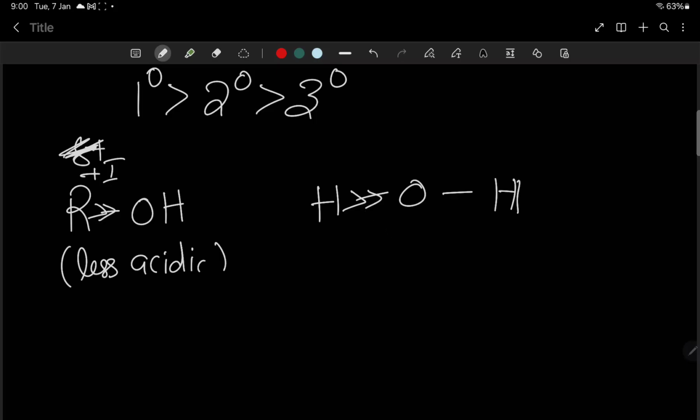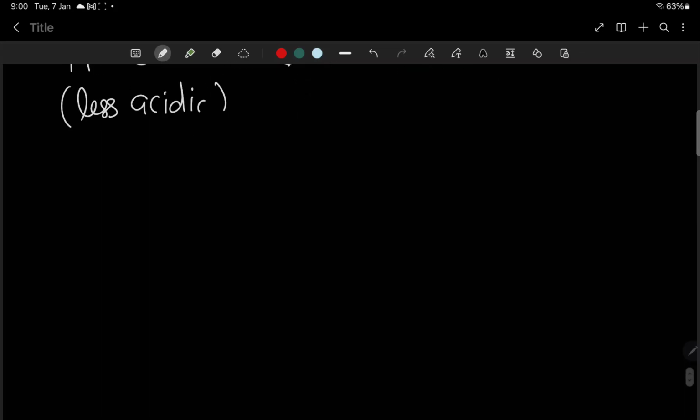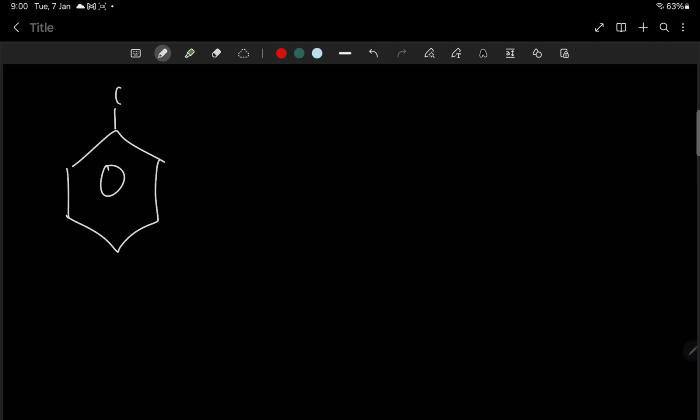Hydrogen is like deaf and dumb people, doesn't do anything, just simply stands. So the oxygen is more electronegative. So here, alcohol is less acidic than water. But if you are considering phenol, you might think it should be less acidic. You know that water is more acidic than alcohol. But really phenol is more acidic than water.